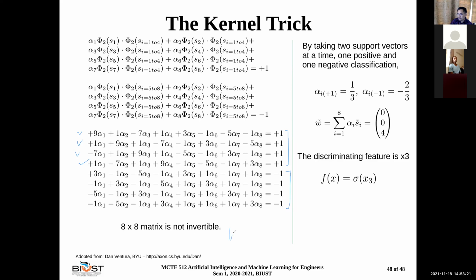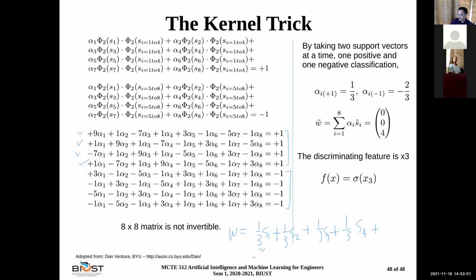So that means your W is equal to the alpha 1/3 times S1, whatever your S1 is, plus 1/3 of S2 plus 1/3 of S3, because those are all positive classification, up to S4 plus 1/3 of S4. Now you're going to the negative support vectors, the negative classification.